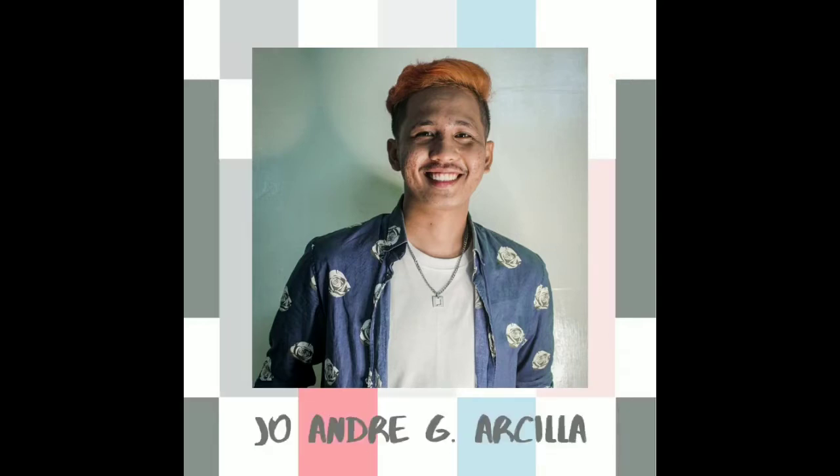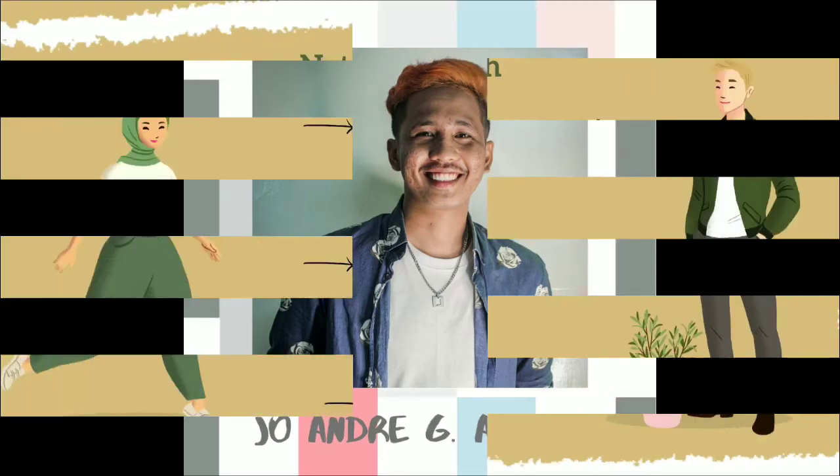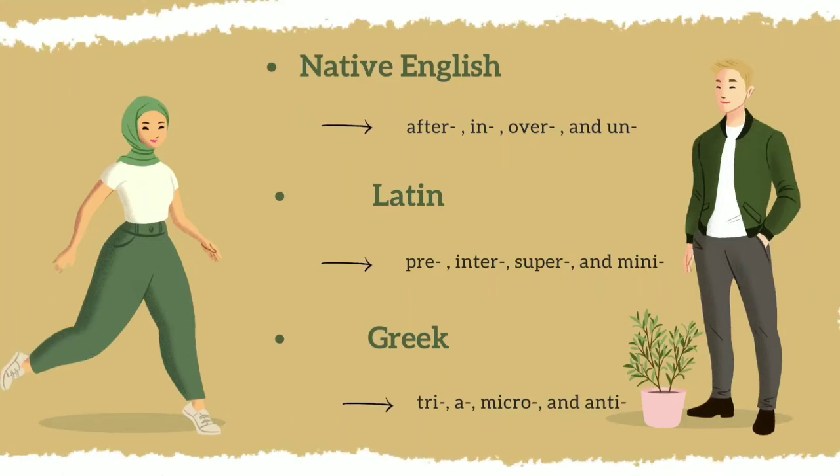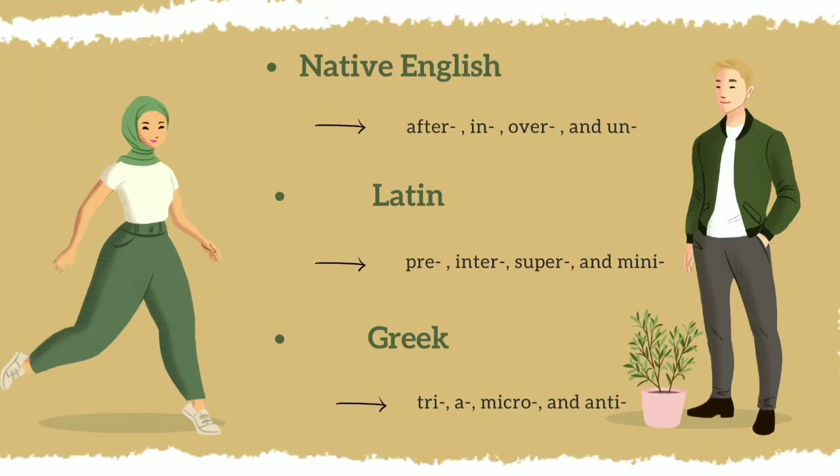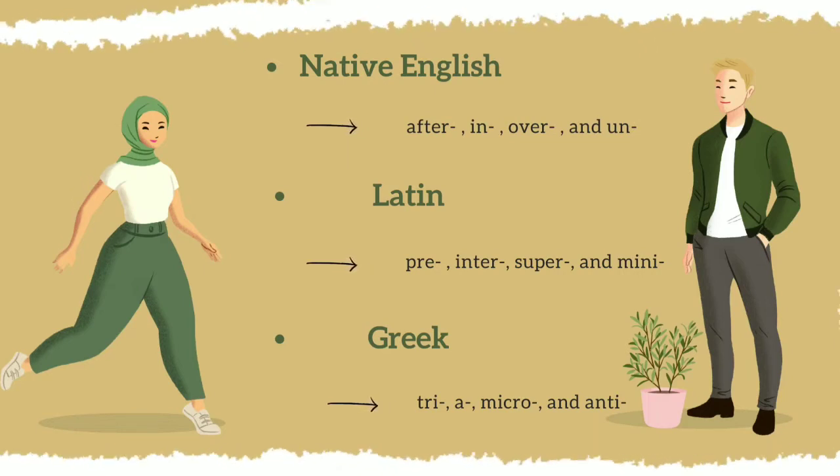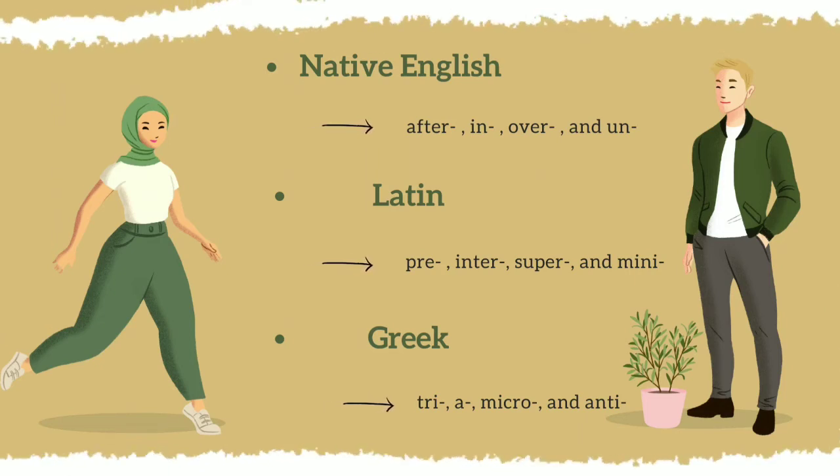Prefixes may often attach to more than one part of speech. In semantic classes of prefixes in English, after, in, over, and on are native English, while pre, inter, super, and mini are Latin, while tri, micro, and anti are Greek.